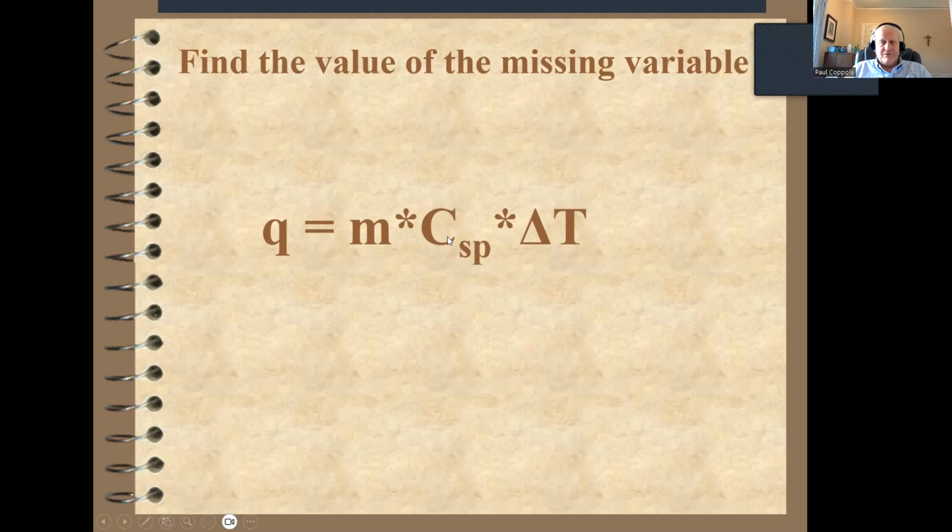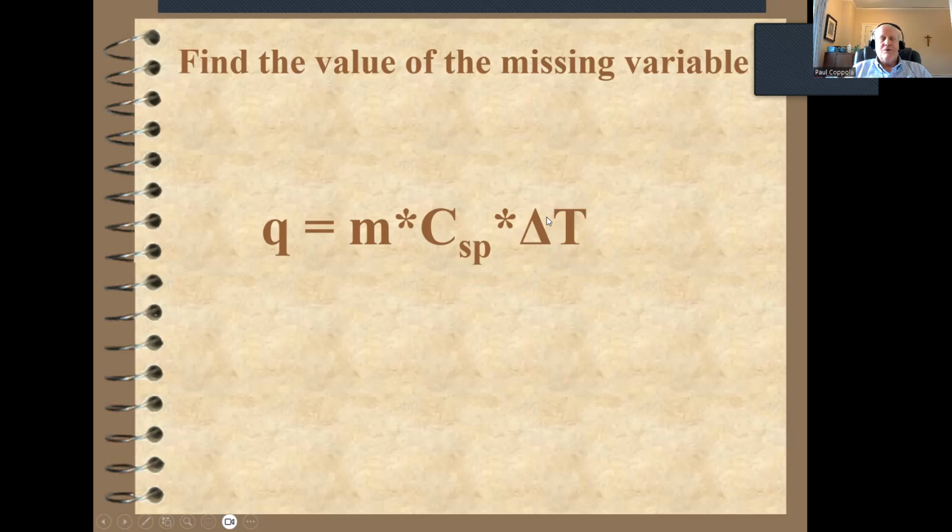Same thing for specific heat. Everything else is given in the equation, find the specific heat. Or find the change in temperature. And then there's one other twist. They could say, I'm going to give you the initial temperature. What's the final temperature? Well, first you find the delta T. This is given, that's given, that's given.